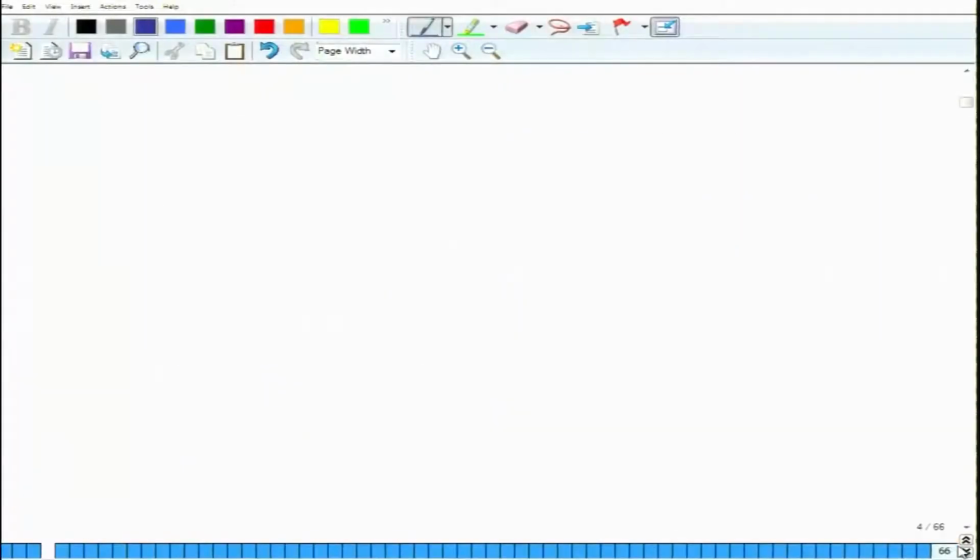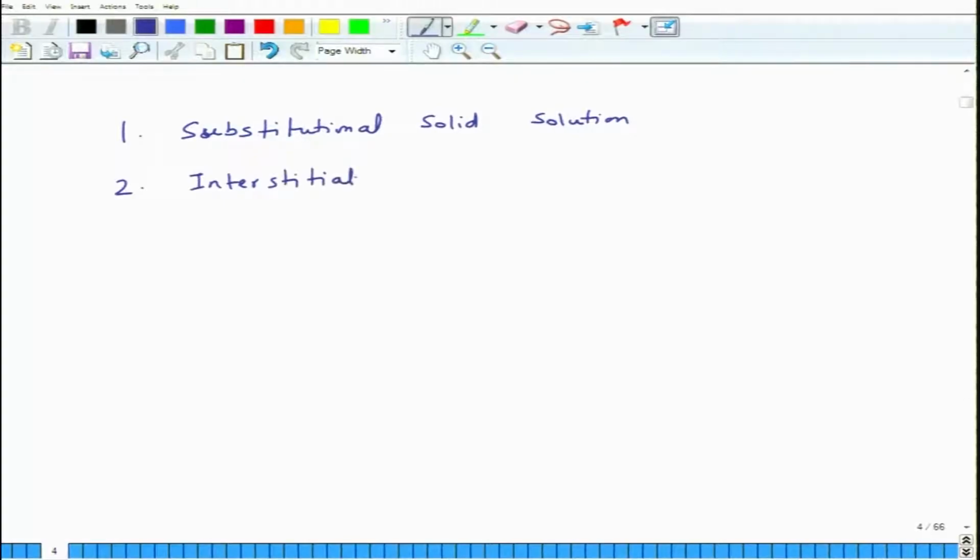So there are various types of solid solutions. We will define them now. First is called a substitutional solid solution, and second is called an interstitial solid solution.